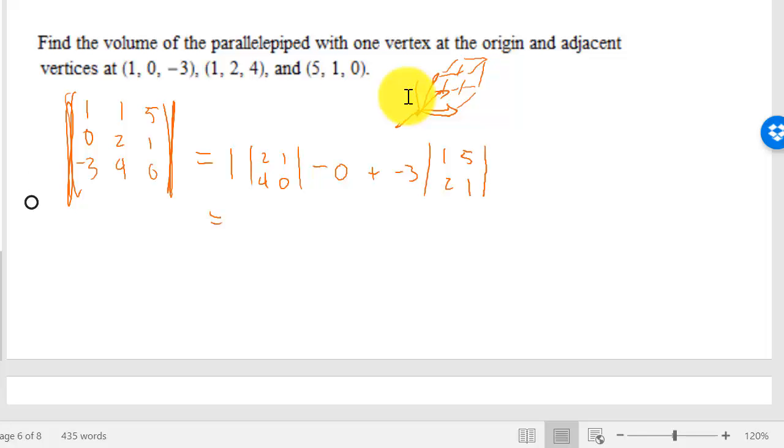So we have negative 4 and minus 3 times 1 minus 10, which is negative 9, and then we have positive 27 minus 4, and that's positive 23. And then you would take the absolute value, but this is positive anyway, so we're looking at a volume of 23.